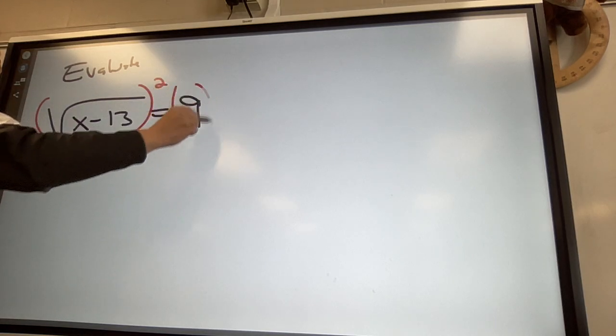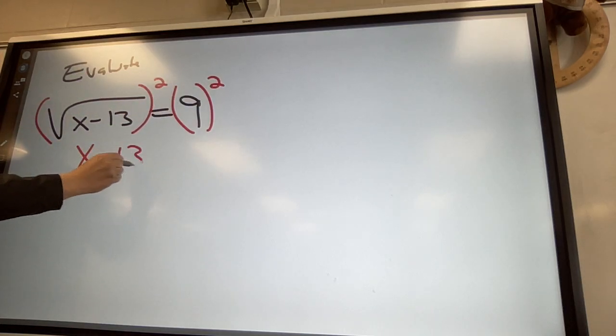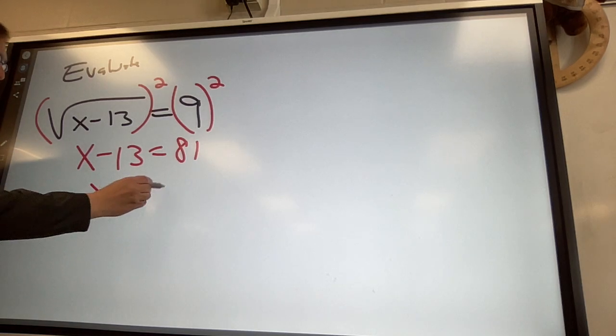Square both sides. The square and square root cancel, and we have shown in class why that happens. And wow, just like that, it becomes an Algebra 1 problem. Add 13 to both sides.